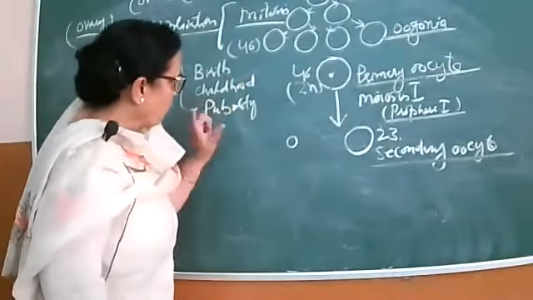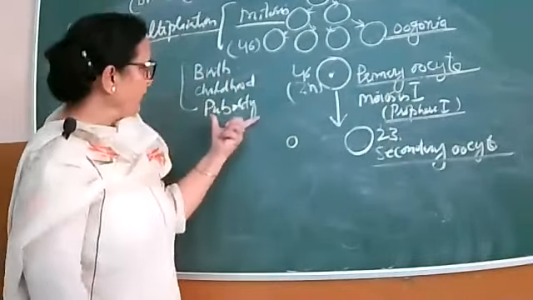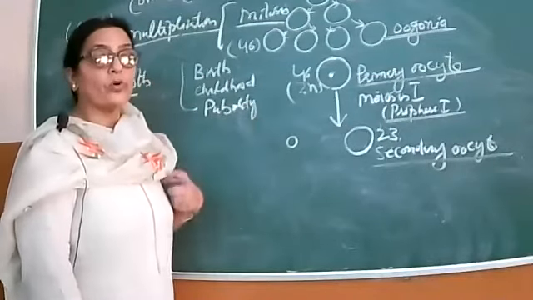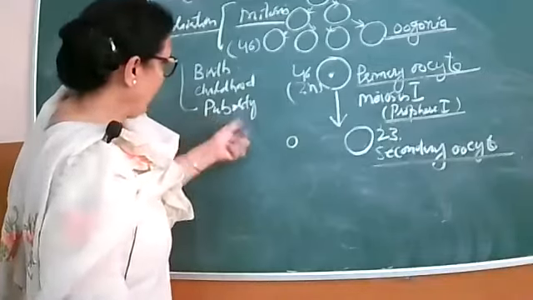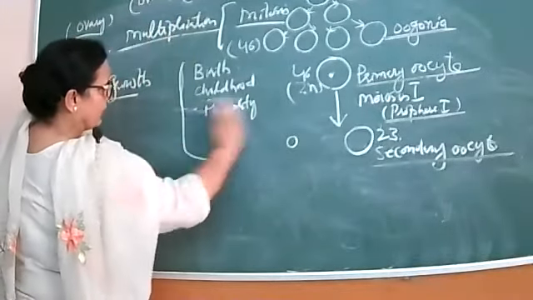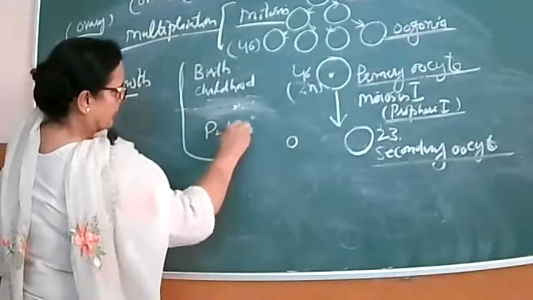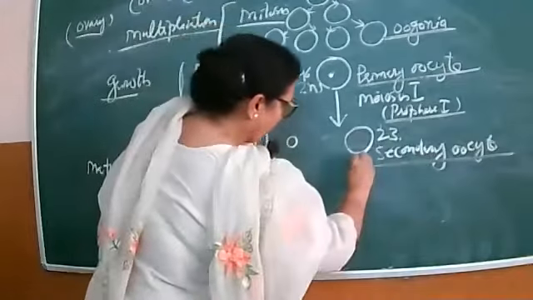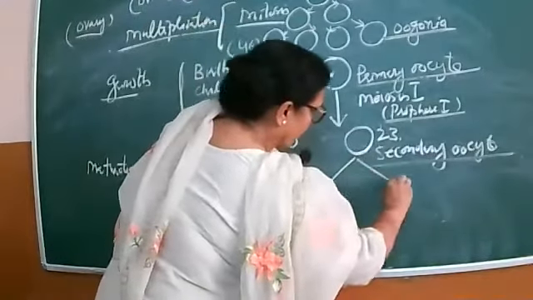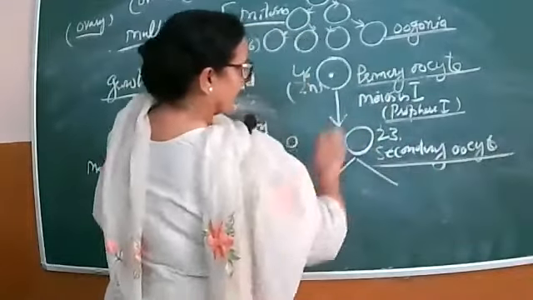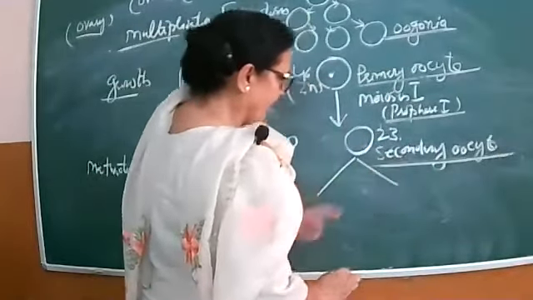Then before ovulation, before the ovum is released, at the age of puberty, this secondary oocyte will undergo another division to form this one. This is primary to secondary, right?